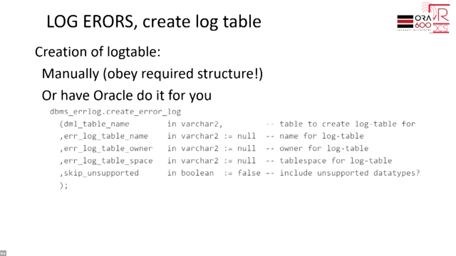Or you can have Oracle do it for you. It has a function, create error log, accepting 5 parameters. Only one of them is mandatory, and that's the table name. It's the table that you want to create a log errors table for.